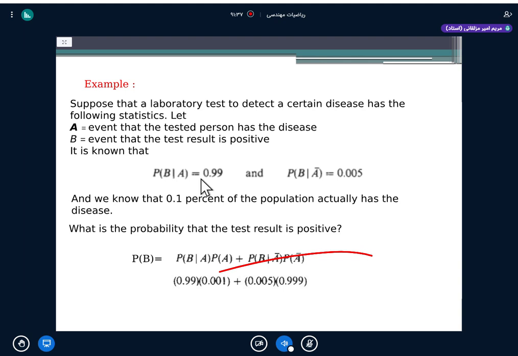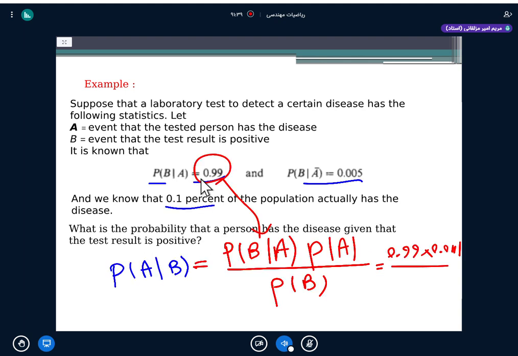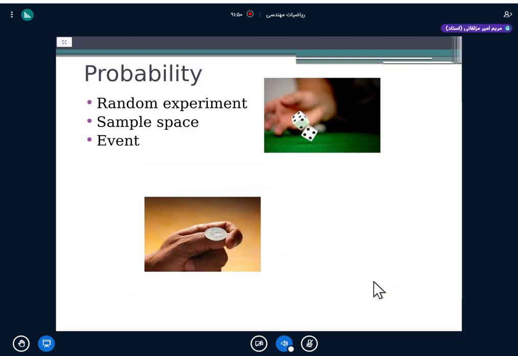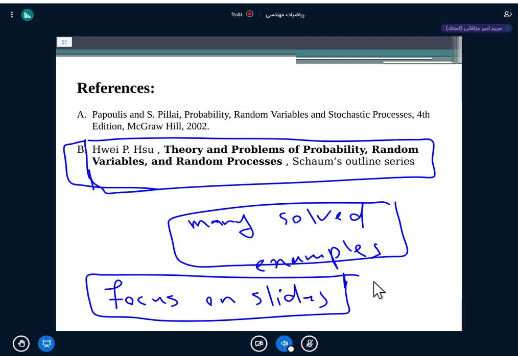The most important part of your session is these subjects. In the next step, if you want to solve some problems, you can refer to this book, but the subjects of the slides are more important for you.